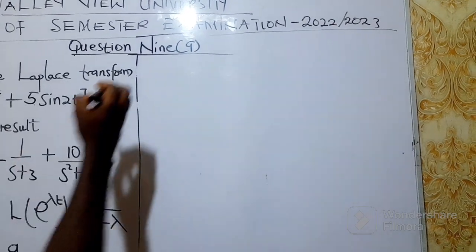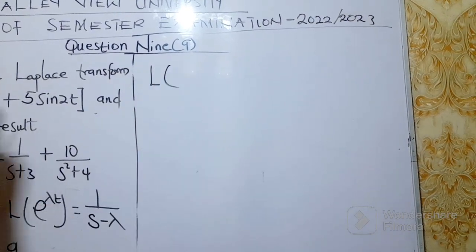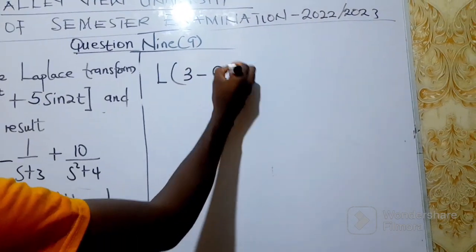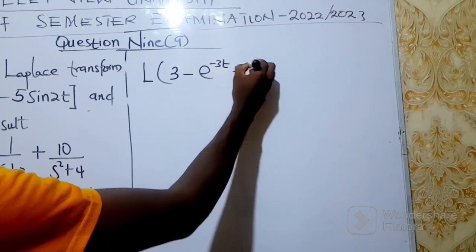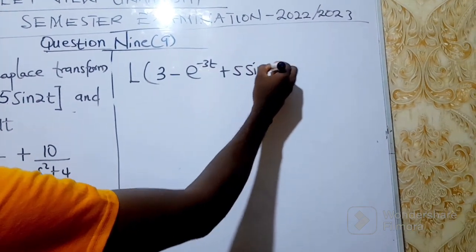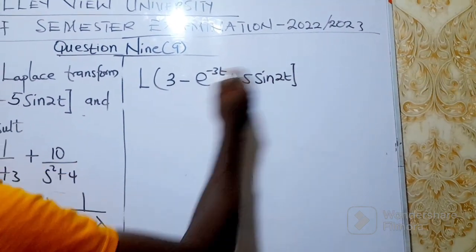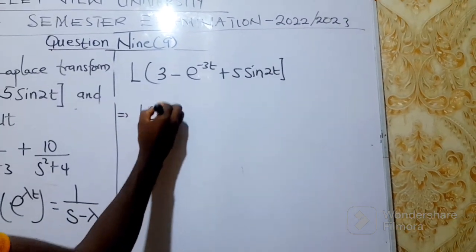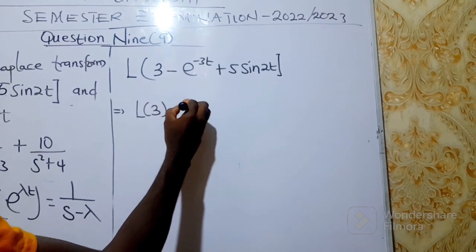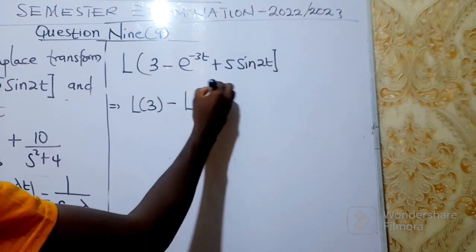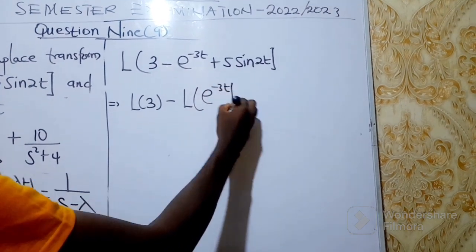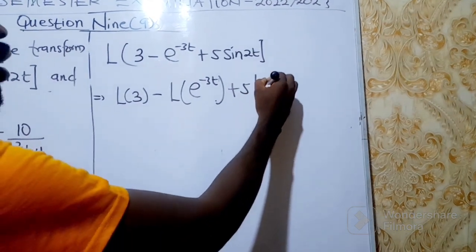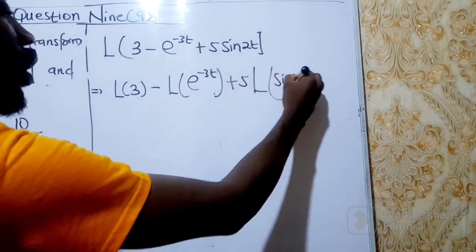So we can say that the Laplace of the question that is given to us, that's 3 minus e exponent negative 3t plus 5 sine 2t, will be equal to the Laplace of each of the terms. So that will be Laplace of 3 minus the Laplace of e exponent negative 3t, then plus 5 the Laplace of sine 2t.